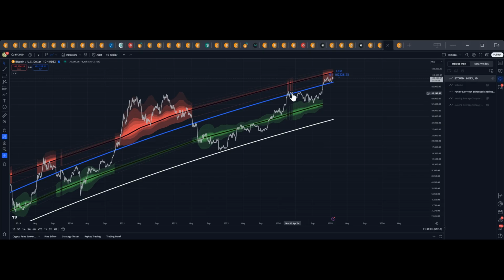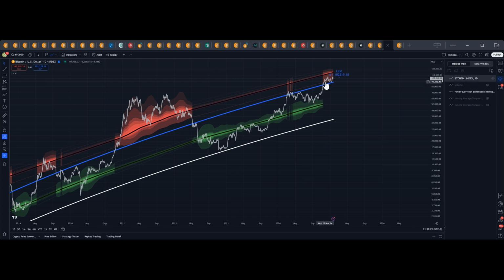So if it turns out like here, during March when we were kind of testing going slightly above the power law, right? This is why these indicators started to get these red region areas. You knew that it was not supposed to be there, right? Because during this time, we are supposed to be in the green area. And so the price corrected, right, until it went back to the green area.